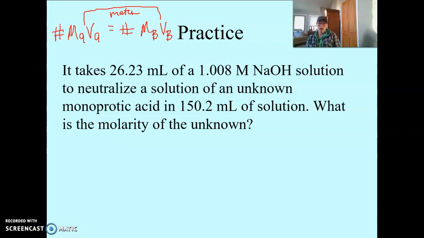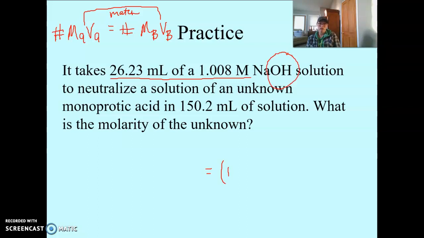So let's go ahead and see what we've got here. You go ahead and try it, and then I'll work it and see if we can match it up. Okay, now that you've tried it, let's see what you got. So first we want to notice this is the information that goes for the base, so we're going to put this on the base side. There's only one OH here, so we don't have to worry about that number. We could put a 1 in if we want.